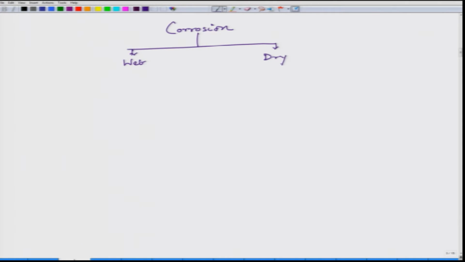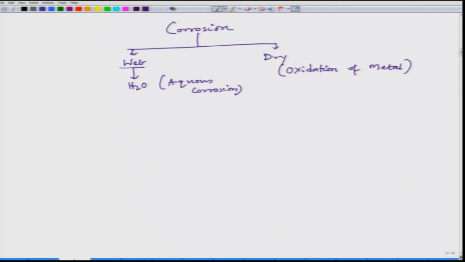In wet corrosion, H2O is involved. We also call it aqueous corrosion. And in the case of dry corrosion, we are mentioning oxidation of metal, and this is also a corrosion. That means it is also electrochemical.